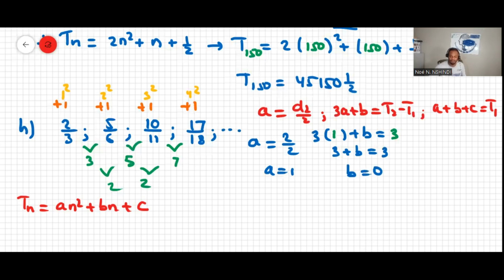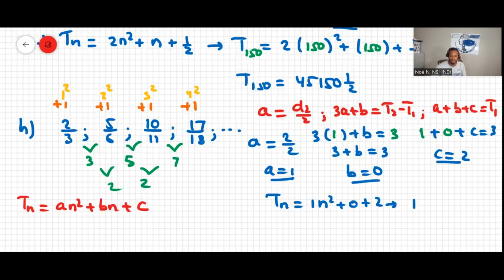Okay, and then a is 1, b is 0, and a plus b plus c is equal to t1, which is 3 at the denominator. So a was 1, b is 0. If we subtract 1 from both sides, we have c equal to 2. So now we can say Tn will be equal to 1 n squared plus 0 plus 2, which means Tn equals n squared plus 2.